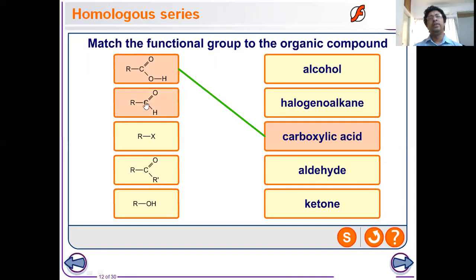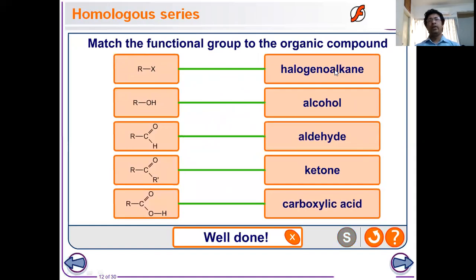Then here you can see that CHO is present. That means it is supposed to be aldehyde. Then RX will be halogenoalkane. This is ketone. ROH is alcohol. Well, correct. Well done.